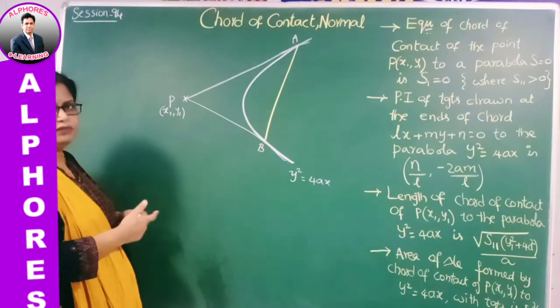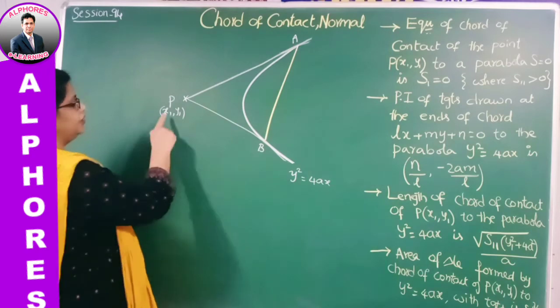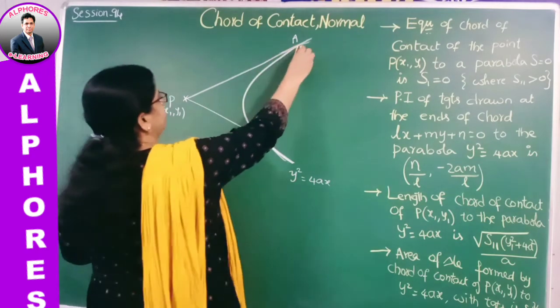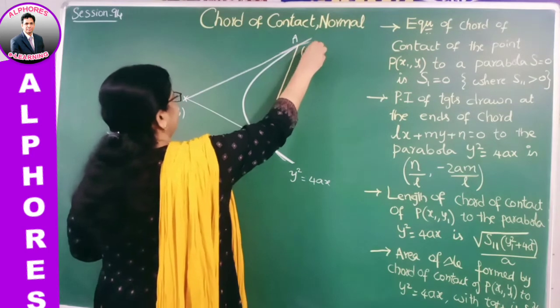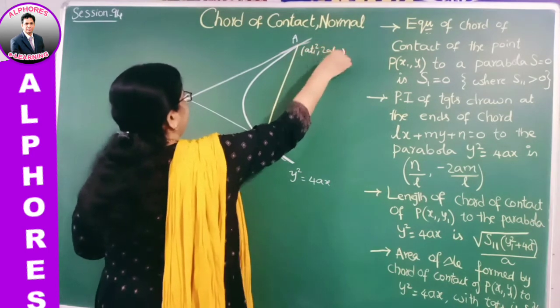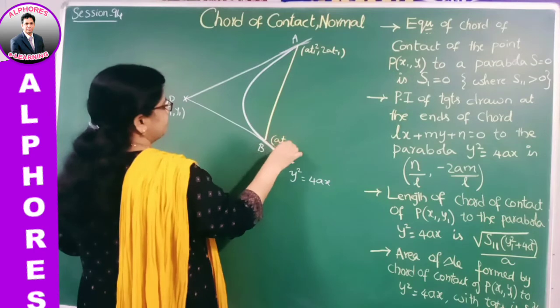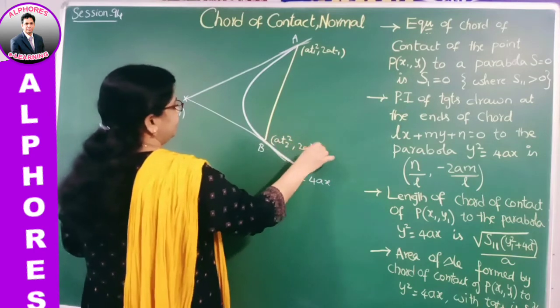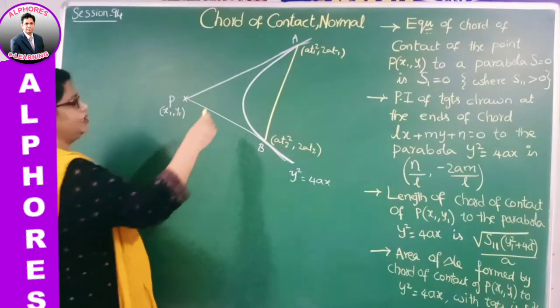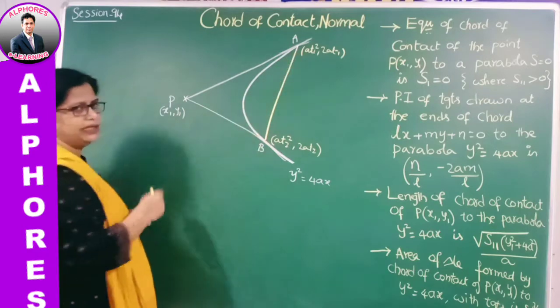Now, how do we obtain the equation of the chord of contact? Suppose I take this point as at1 square comma 2at1 and this one as at2 square comma 2at2, or you can use any concept here. If you have confusion, take x2 y2 and x3 y3.